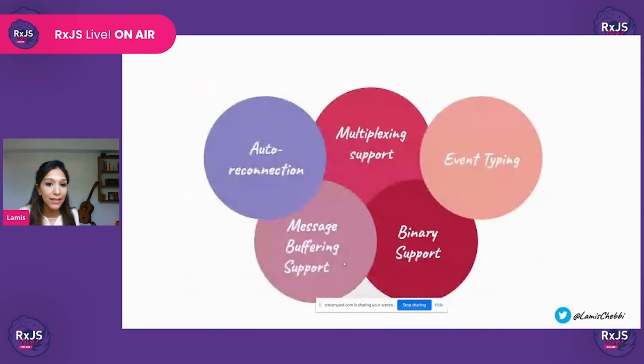Now I break it down in one picture. Here are the capabilities of the RxJS WebSocket subject, which are finally the answers to all these questions. There's multiplexing support, binary support, event typing, message buffering, auto reconnection. There is also cancellation if you want to stop listening to something, but I put only the most important ones.